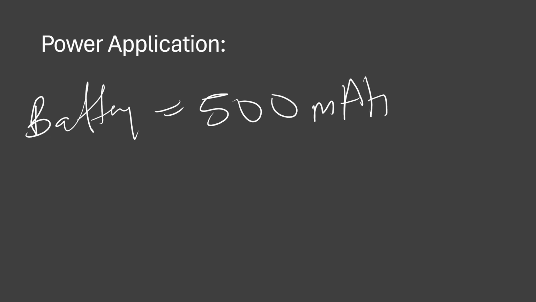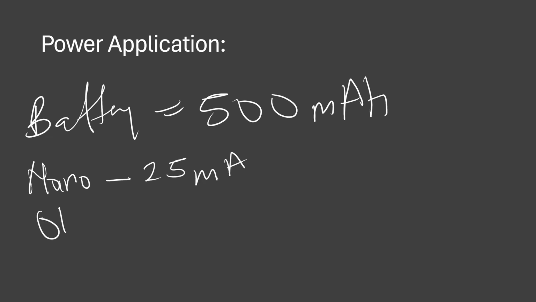Based on what we are designing, we have the Nano 33 BLE, which, let's say in sleep mode, takes 25 milliamps. We have other components in our circuit, and they take a total of 300 milliamps. So these are the power ratings.